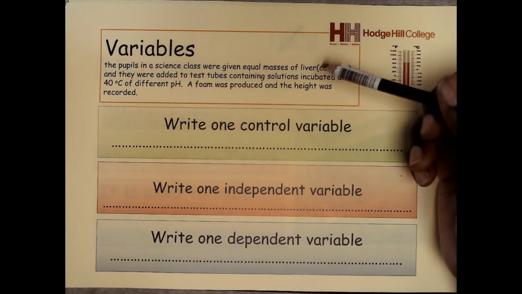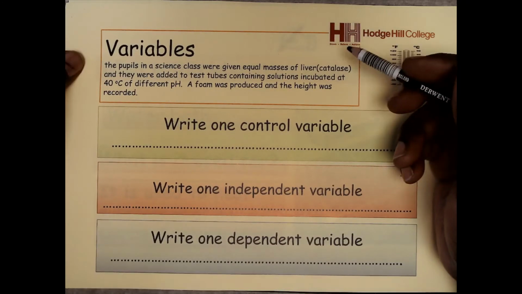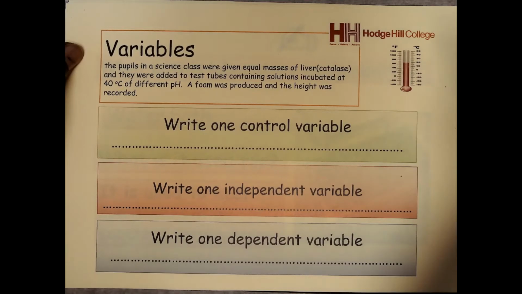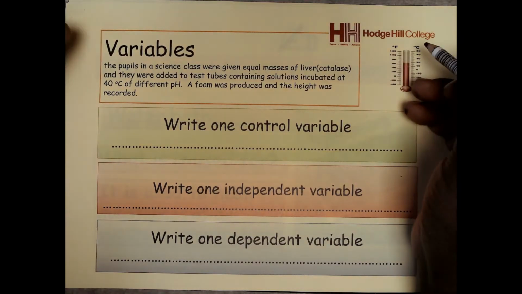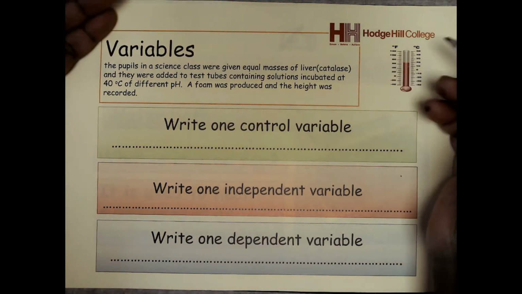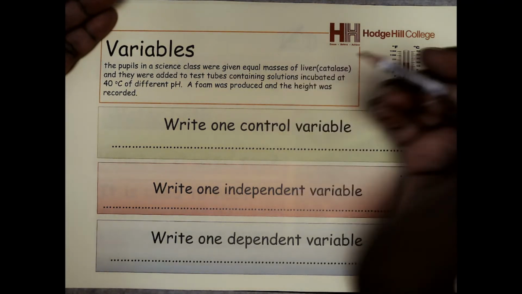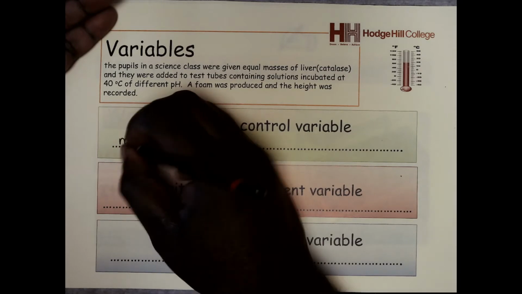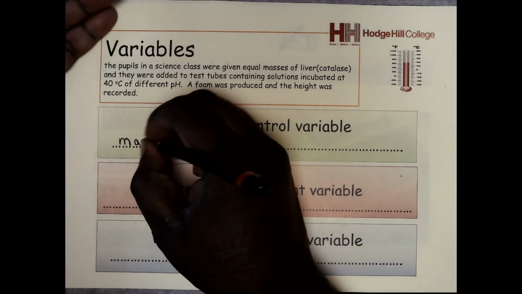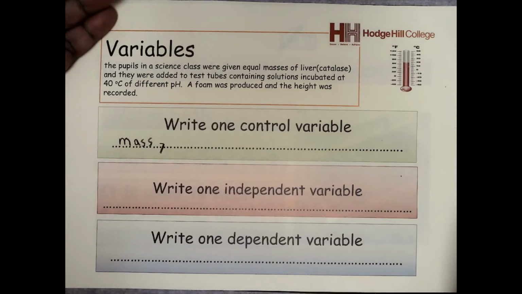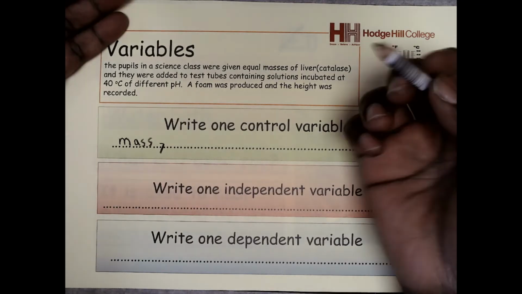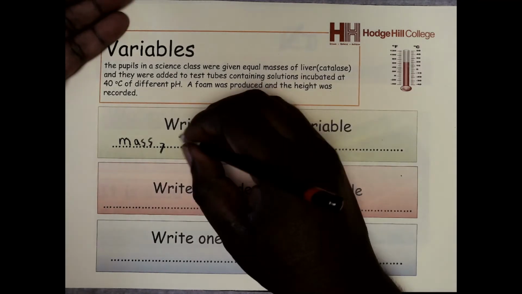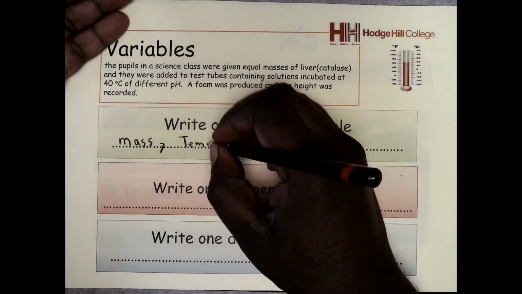In experiments, we tend to keep a lot of things constant. Those are the control variables. What we keep constant here, for example, the easiest is the mass. So the mass is kept constant. The temperature of the water bath is kept constant.